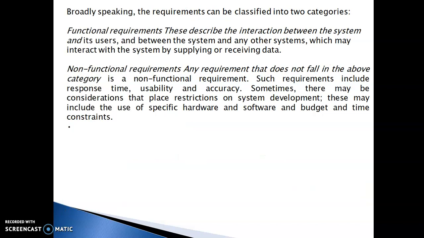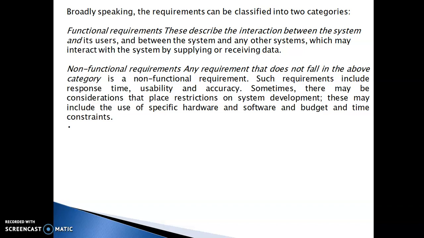Broadly speaking, we have functional requirements and non-functional requirements. There are two types of requirements: functional and non-functional. Functional requirements are an interaction between the system and its user, and between the system and any other system, which may interact with the system by supplying or receiving data.